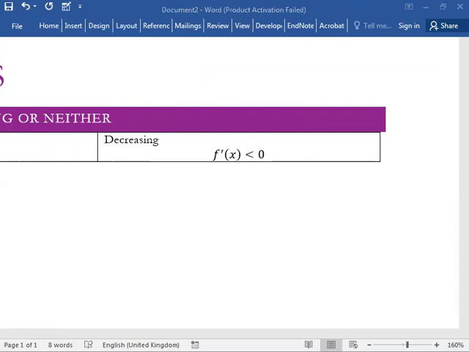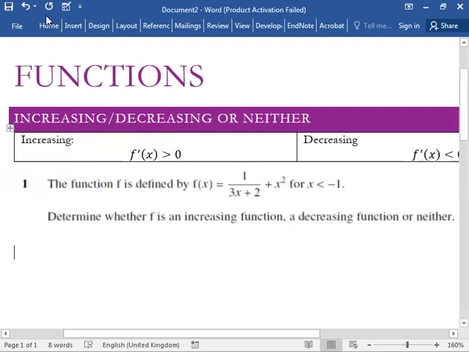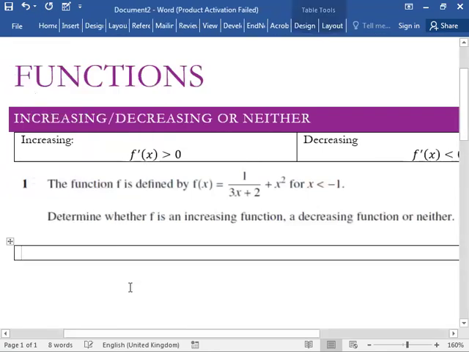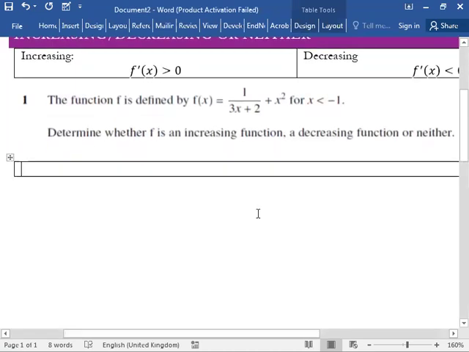Now let's have a look at a few of the past paper questions. What is the question asking? The function f is defined by f(x) = 1 over (3x + 2) plus x squared, for x less than negative 1. Determine whether f is an increasing function, a decreasing function, or neither.